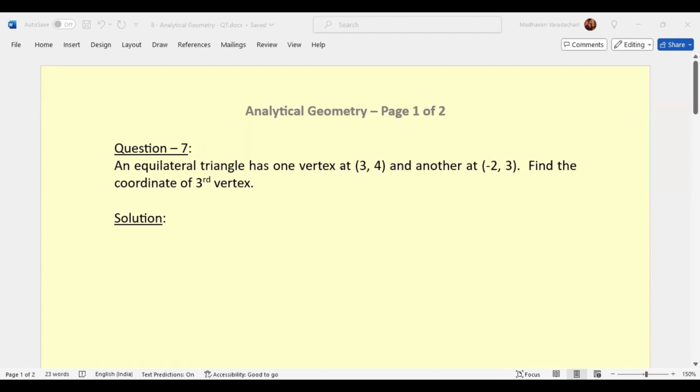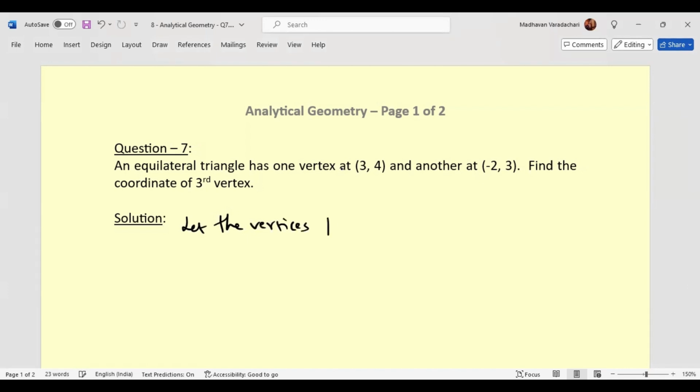So equilateral triangle, let the vertices be A, B, C, and let A is equal to (3, 4) and B is equal to (-2, 3). So these two are given in the question.